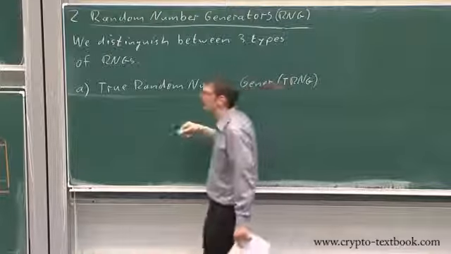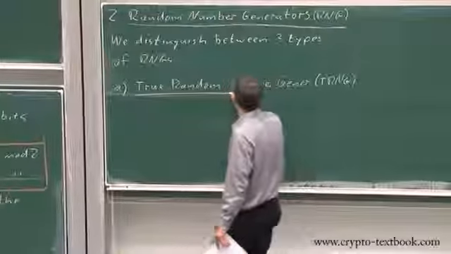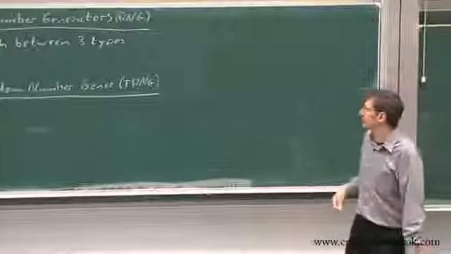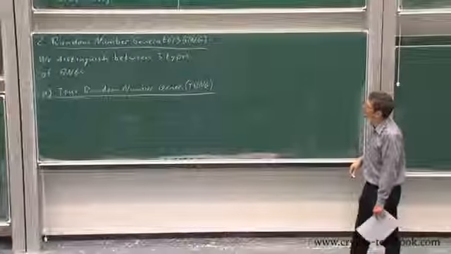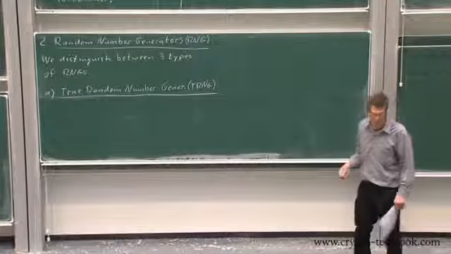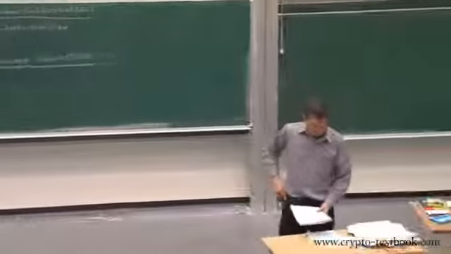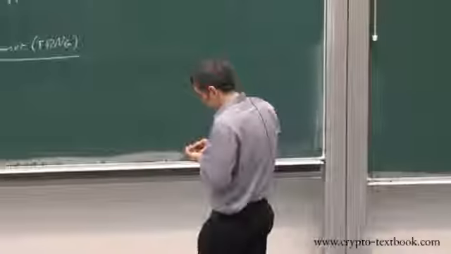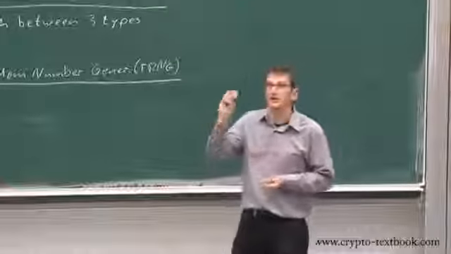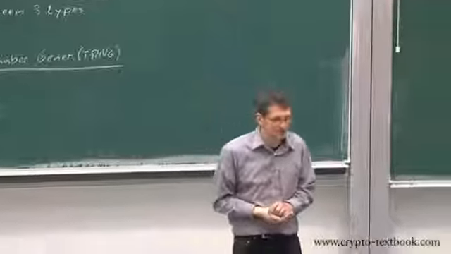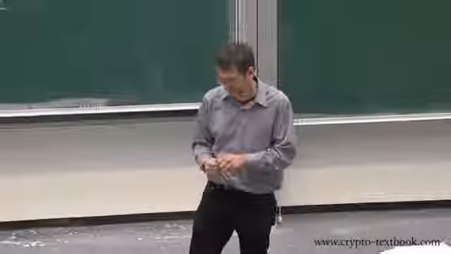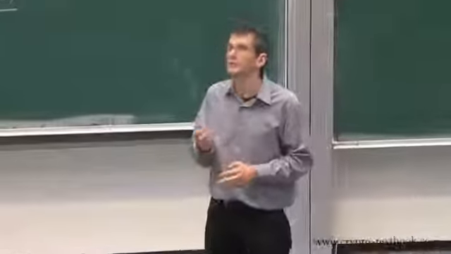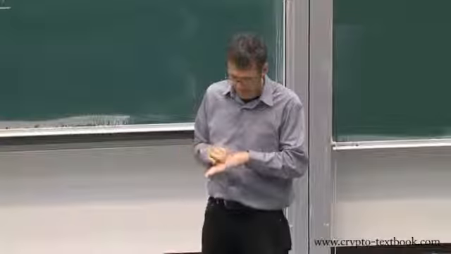This is a very, very common abbreviation that you see in the applied technical crypto literature, and what they mean is true random number generators. A very good example for a true random number generator is the €2 coin. Okay, if I take the €2 coin and I flip it, and that's a 1, and that's a 1.